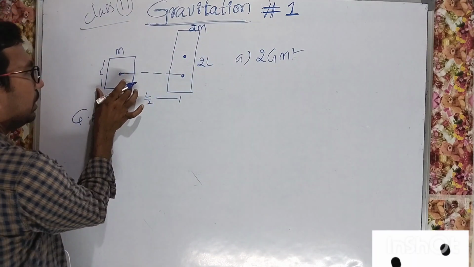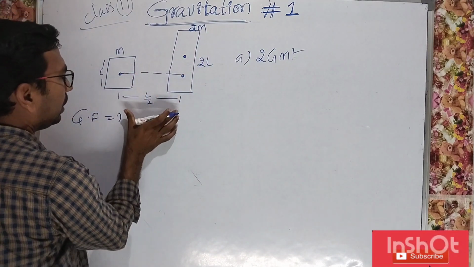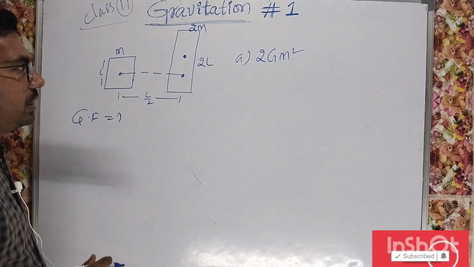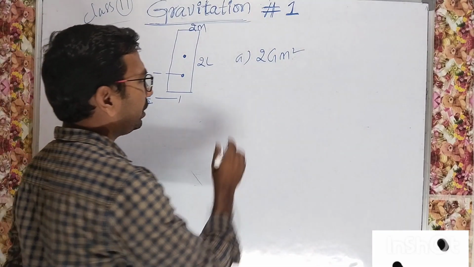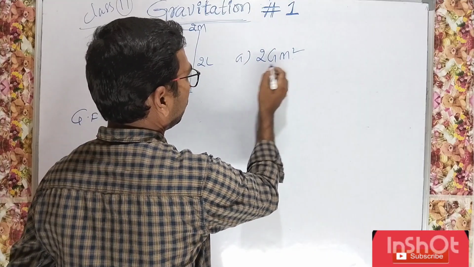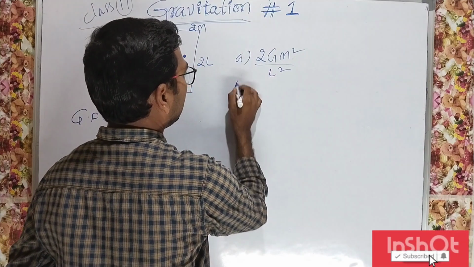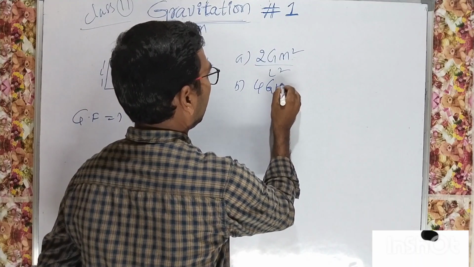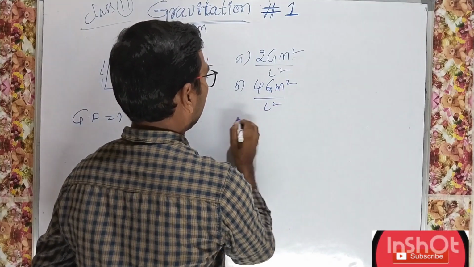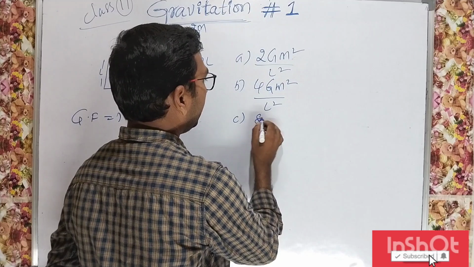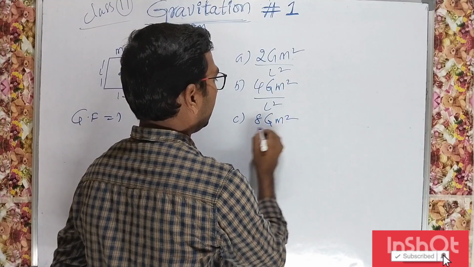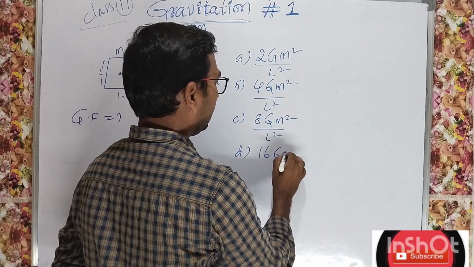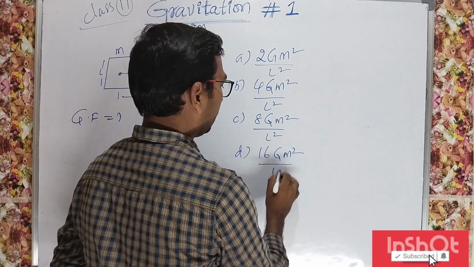This rod length is L, this rod length is 2L, and the separation is L by 2. Option A: 2 G m square by L square. B: 4 G m square by L square. C: 8 G m square by L square. D: 16 G m square by L square.